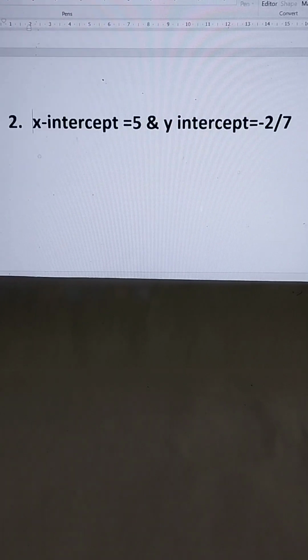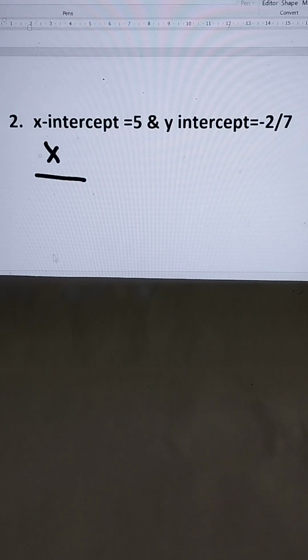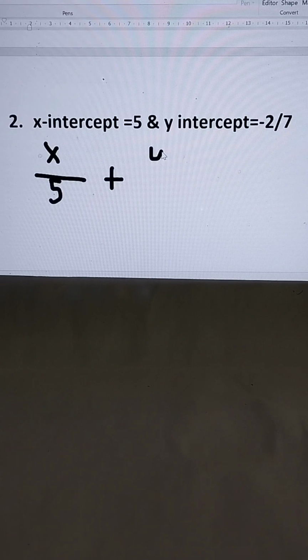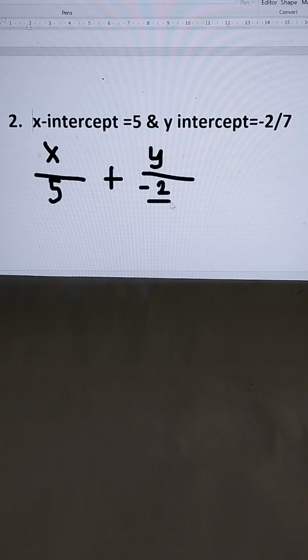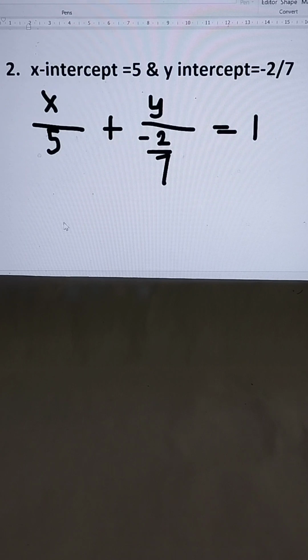Okay, next, number 2. The x-intercept is 5 and the y-intercept is negative 2 over 7. So x all over a, which is equal to 5, plus y all over b, which is equal to negative 2 over 7, equal to 1. So x over 5.